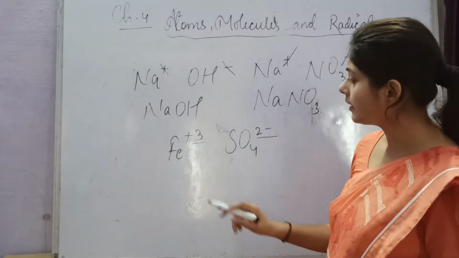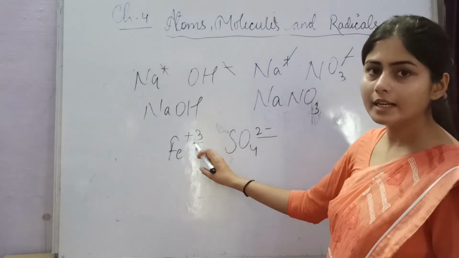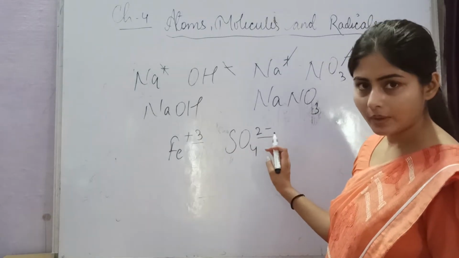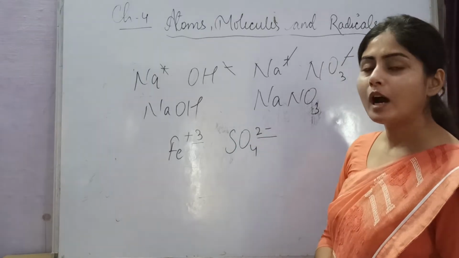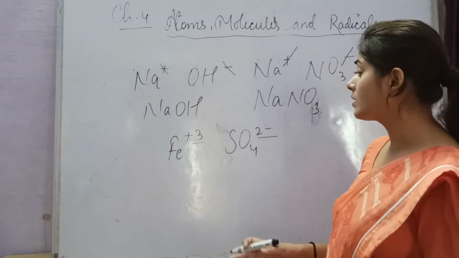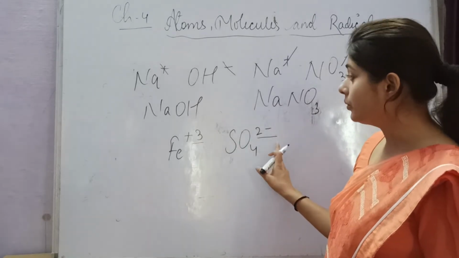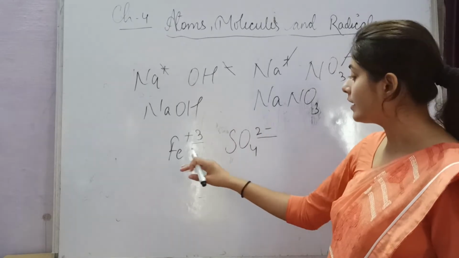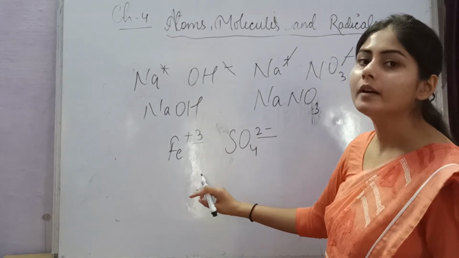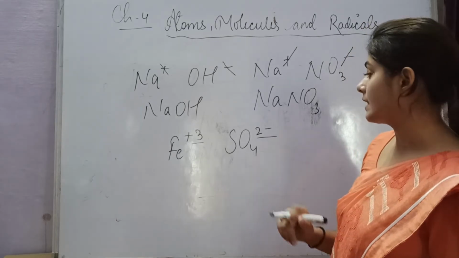No. +3 charge and 2 negative charge can't cancel each other. So what do we have to do now? How to cancel these charges? Because I told you that only when you cancel the charges are you able to form a radical compound, right everyone? So how can we cancel it?